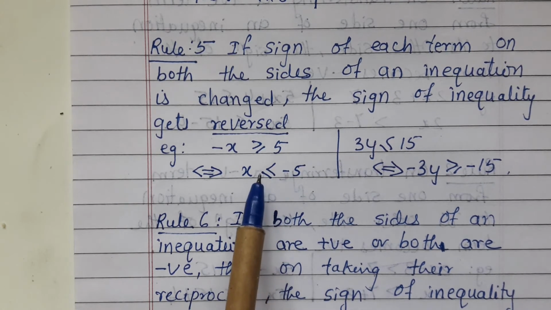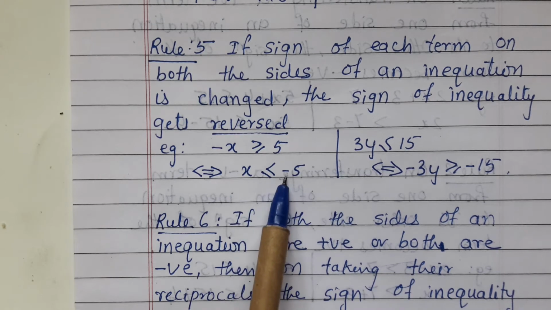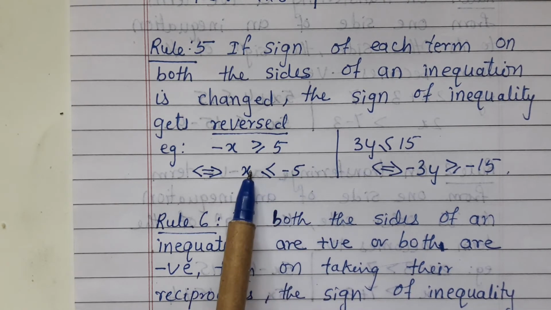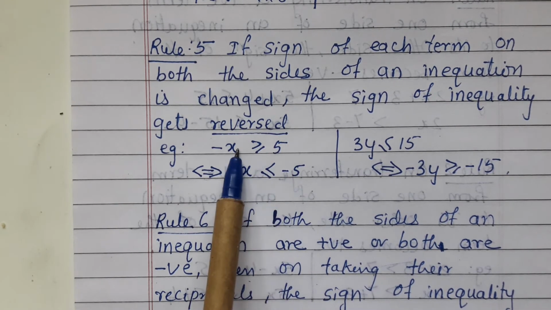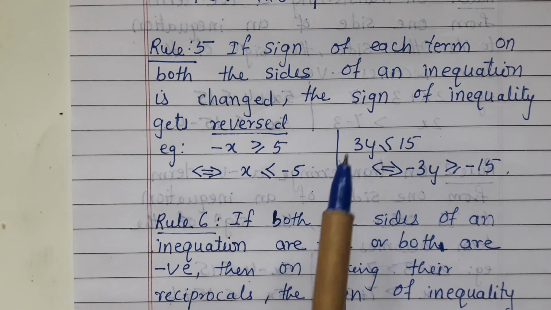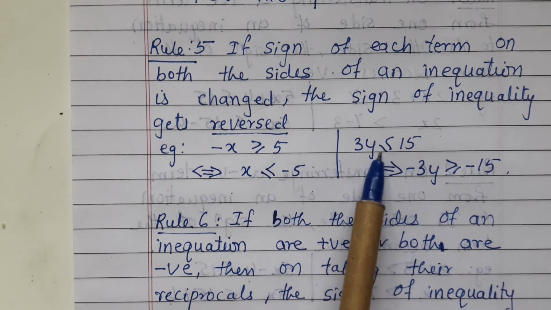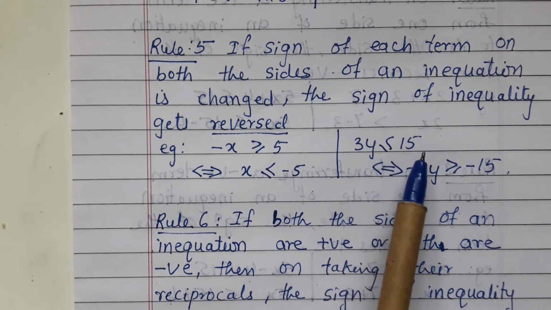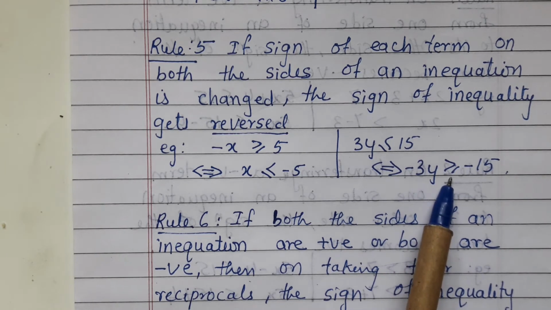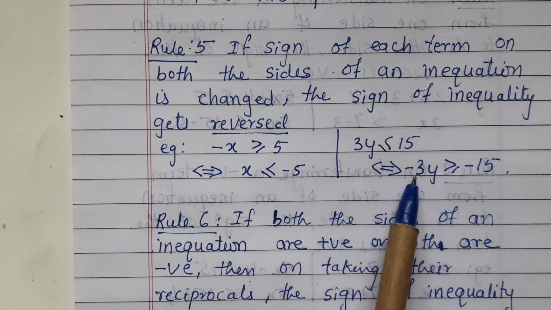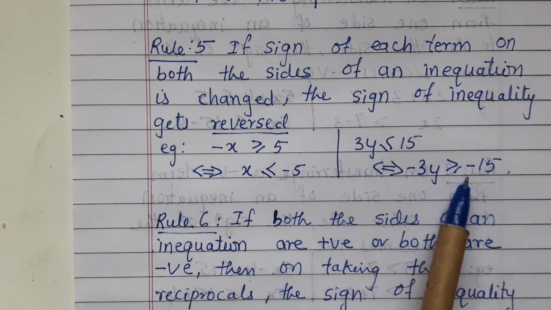And if x ≤ -5 is given, when you multiply both sides by a minus sign, again the sign will change. Take another example, 3y ≤ 15. When you multiply both sides by a minus sign, the sign will change, so it will be -3y ≥ -15.